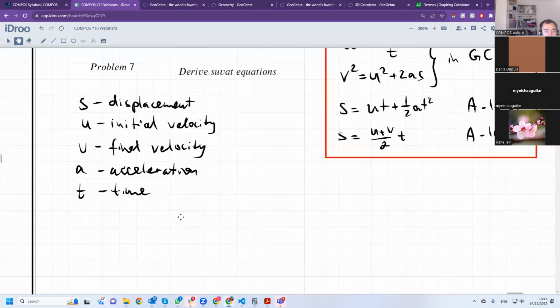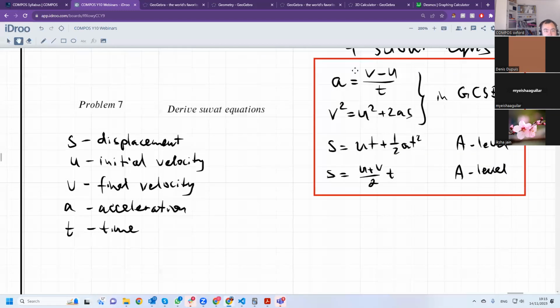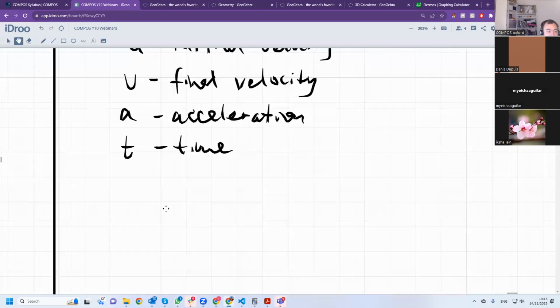Okay, so let's start with the first equation. The first equation is kind of obvious. Acceleration is the final velocity minus the initial velocity divided by time.